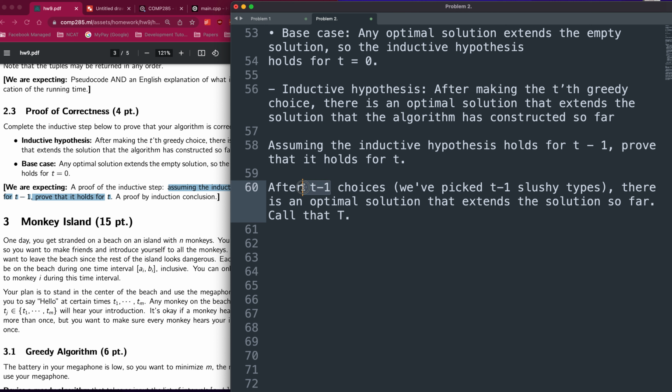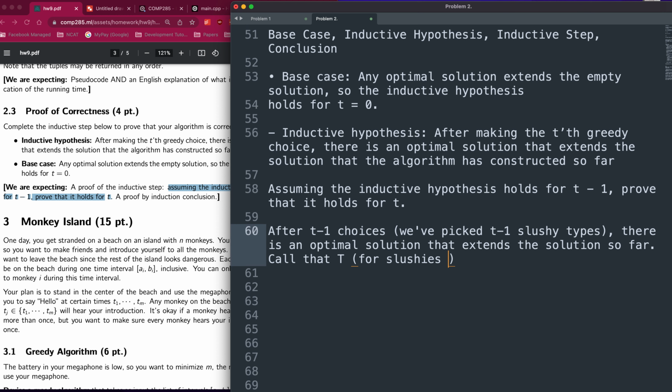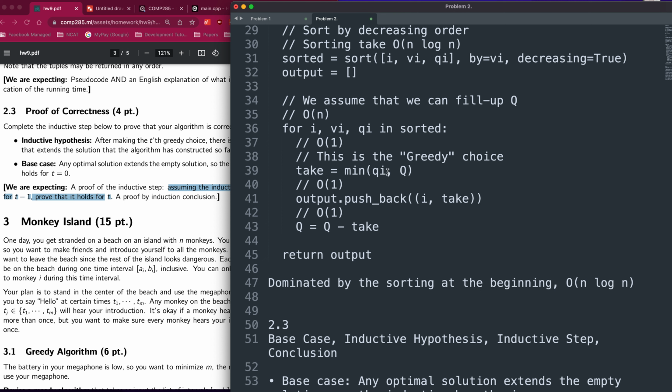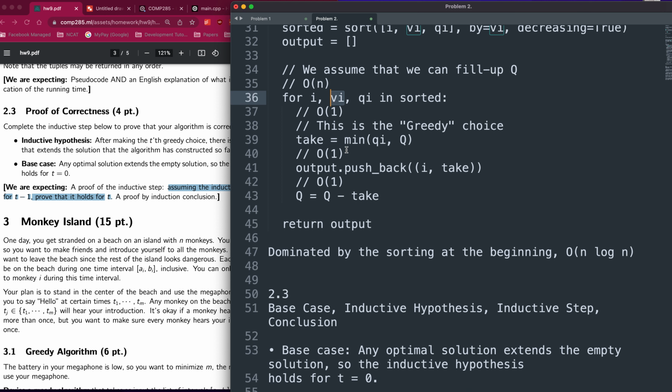So that means that for the slushies, in order, because the way we do it is after t minus 1 choices, we've already taken the first t minus 1 most expensive ones.